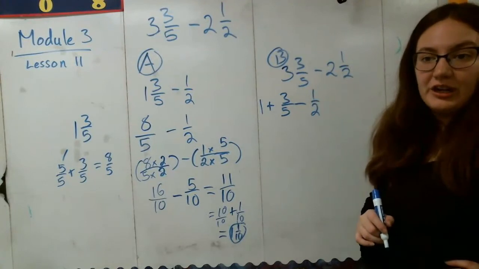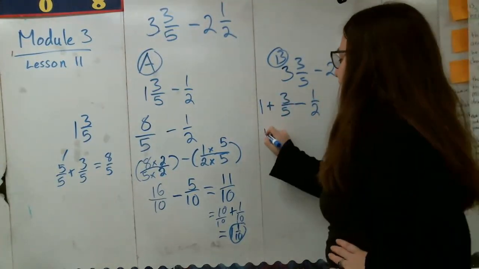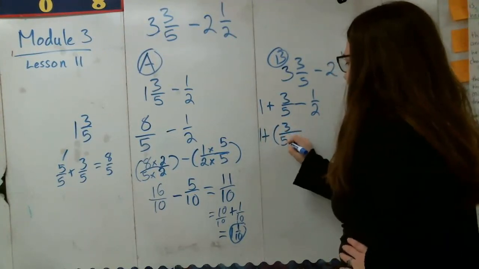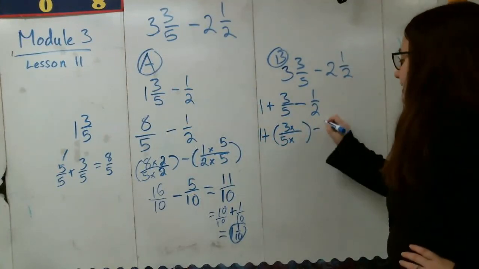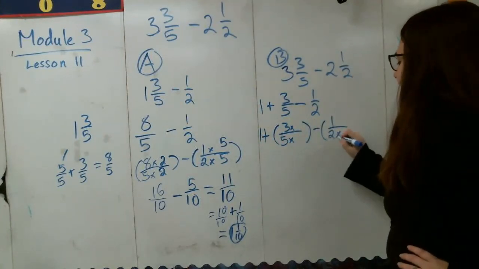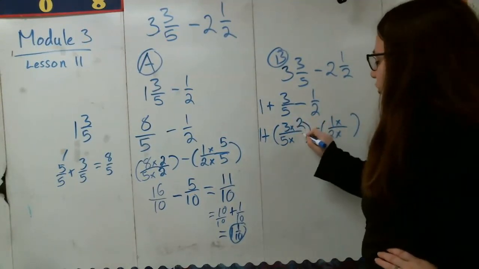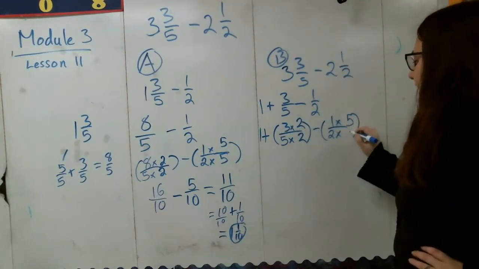And I'm just going to worry first about subtracting 3/5 minus a half. So I have 1 plus, and then in parentheses, 3/5 times 2, just like we did over here. And then I have 1/2 times 5.